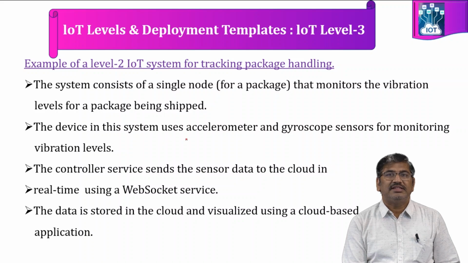The device in this system uses accelerometer and gyroscope sensors for monitoring vibration levels. The controller service sends the sensor data to the cloud in real time using a WebSocket service. The data is stored in the cloud and visualized using a cloud-based application.